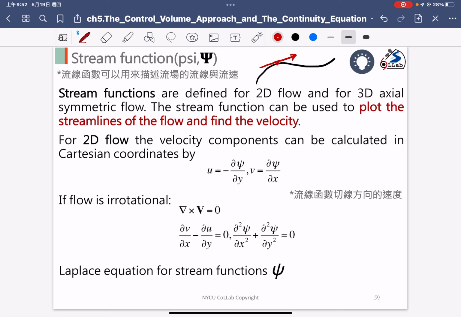So that indicates the stream function can be applied to describe the velocity field, especially the flow magnitude and flow direction. As the sentence shown here, the stream function can be used to plot the streamlines of the flow and find the flow properties.